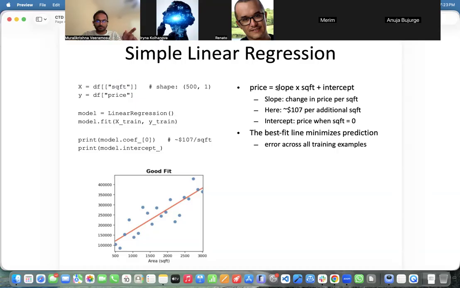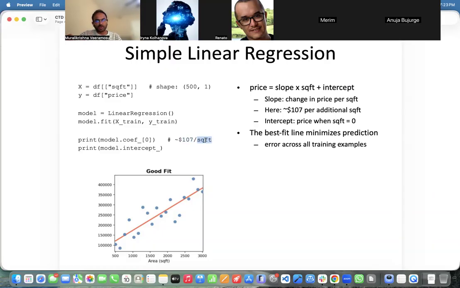And this is the formula. It's basically WX plus B. W is the slope, X is the feature, square feet, and B is the intercept. So when you print the coefficient, it is saying W is $107 per square feet.